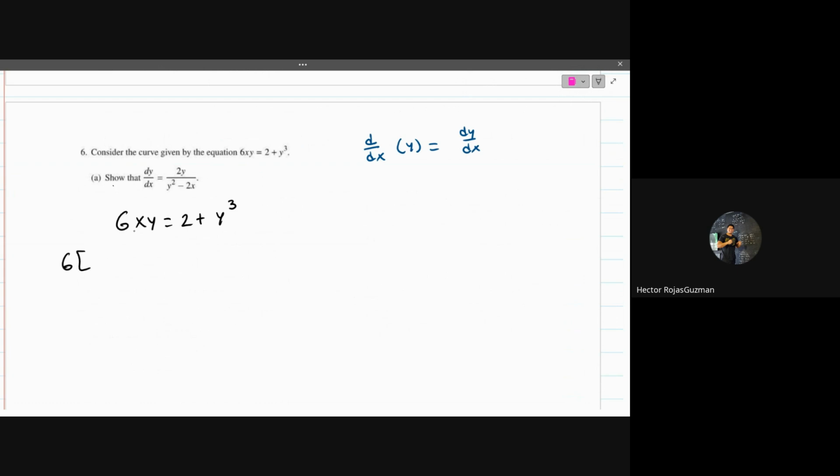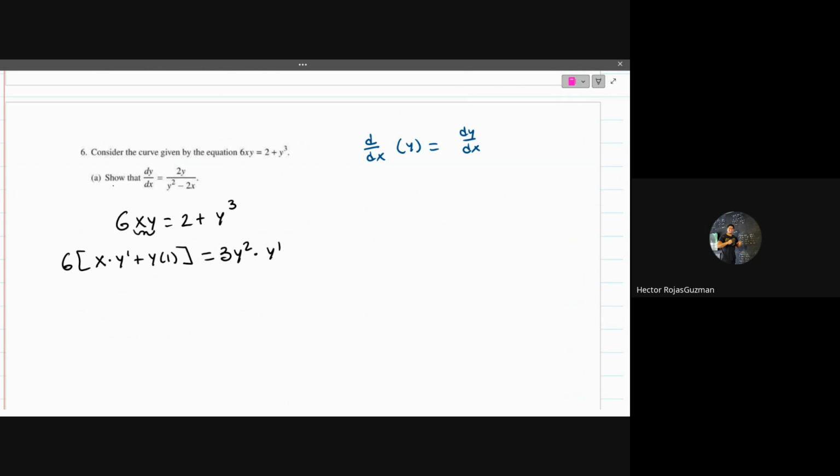The derivative of x times y. Use the product rule. The first times the derivative of the second plus the second times the derivative of the first equals the derivative of 2 is 0, but the derivative of y to the power of 3 is 3y squared times y prime. Okay.